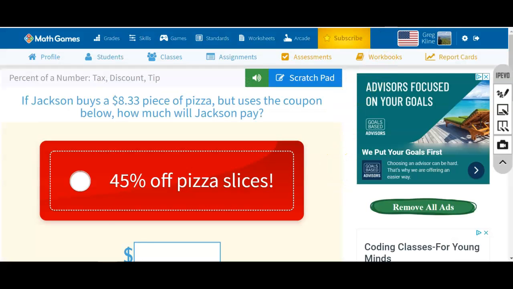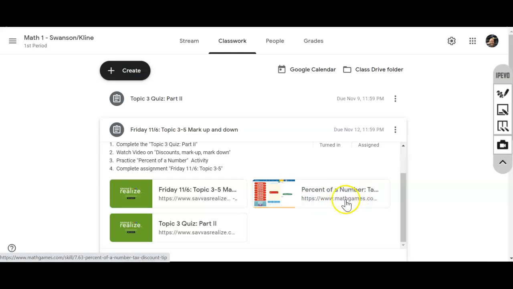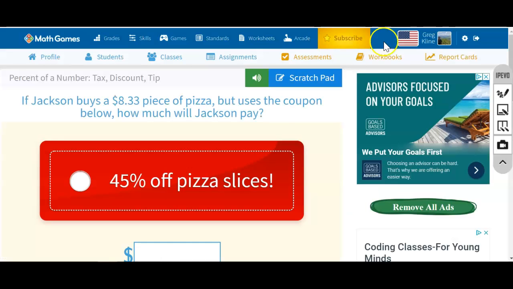Okay, so in Google Classroom, you got this percent of a number activity to help you practice some of these. The first one you see right here is if Jackson buys an $8.33 piece of pizza, that's an expensive piece of pizza, but uses a coupon for 45% off the slice, how much will he pay?